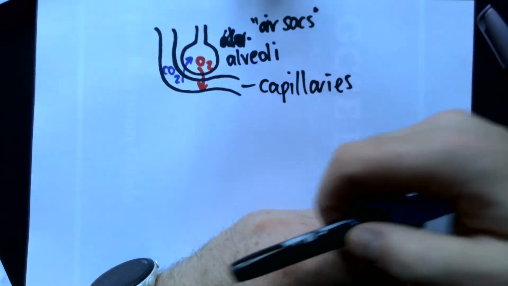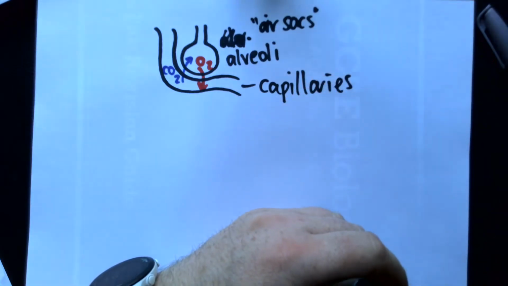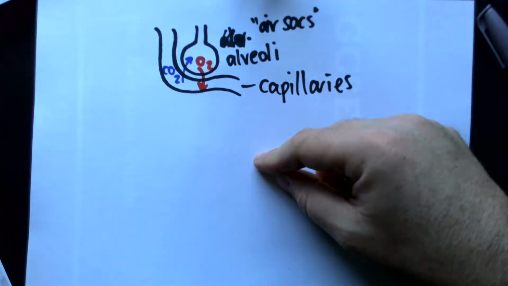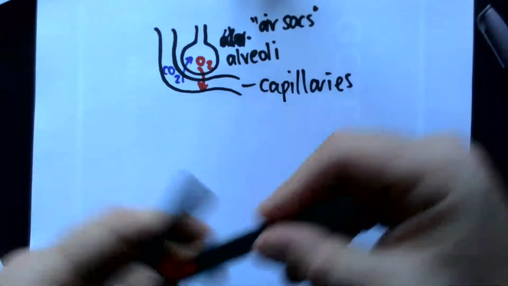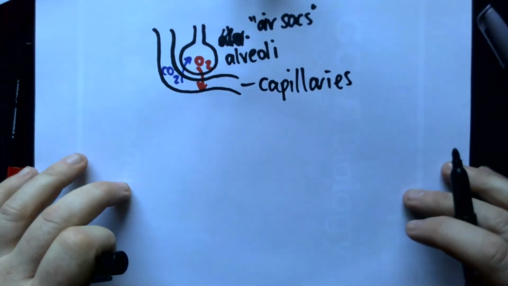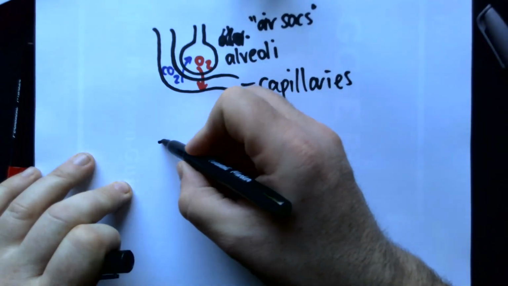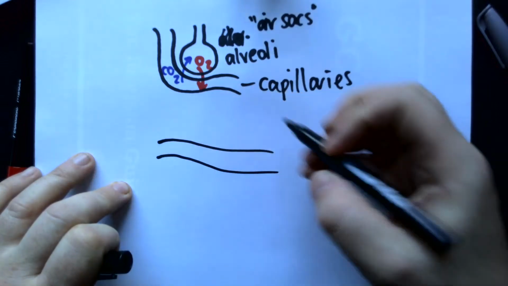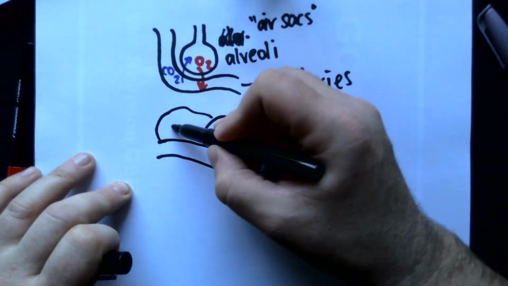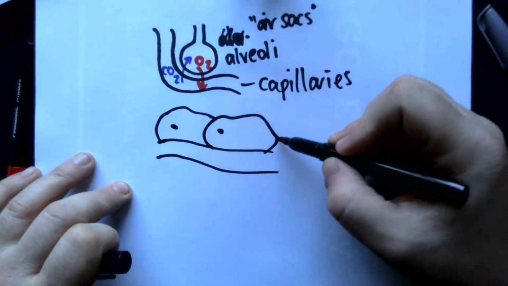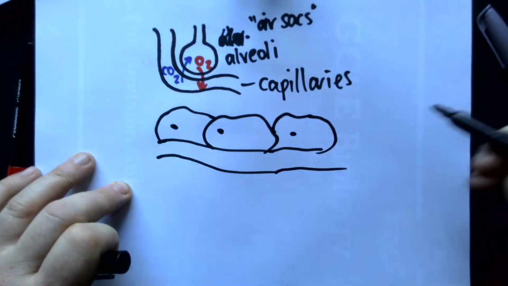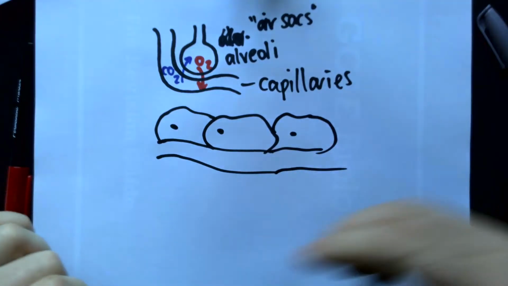Okay, so that happens at the air sacs in the lungs. So this would be the capillaries which branch down from your pulmonary arteries. But also, the same thing happens around cells in the body. So you've got capillaries that go along, and you've got cells in your organs or your muscles in the body, and the capillaries run close to those cells, and the same thing happens there.